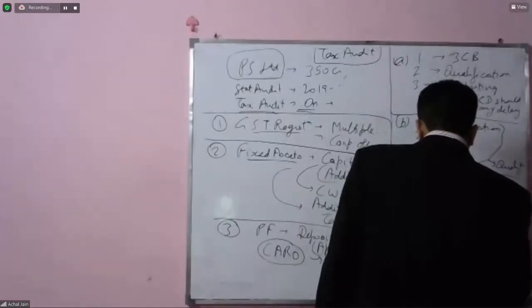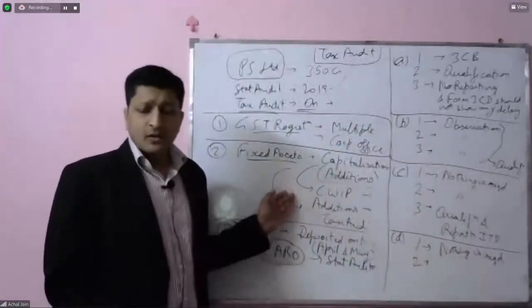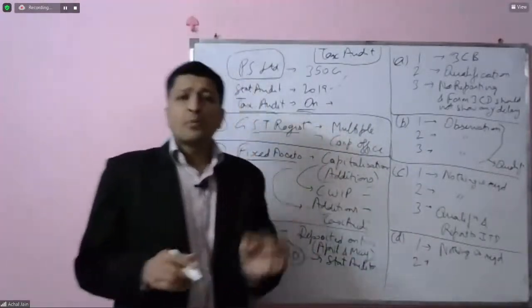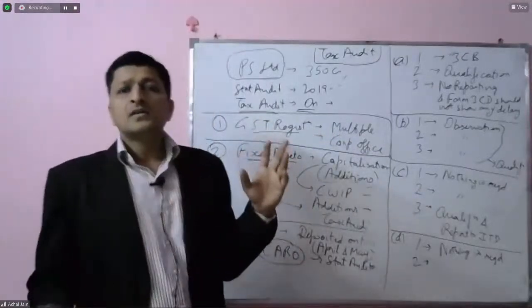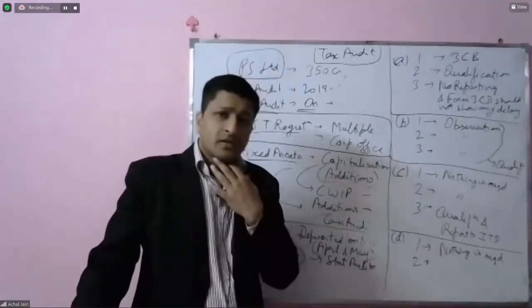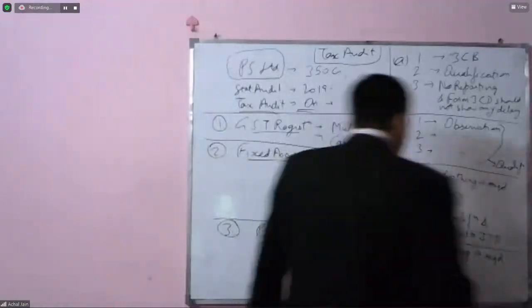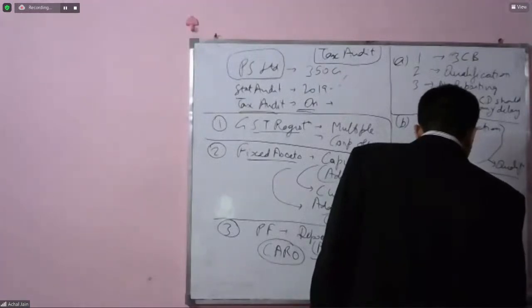For point number 2, this can be accepted by the auditor provided there's a proper note in respect of this in the annexure or in the details where these are furnished. So that means proper details. Give a detailed note for this.